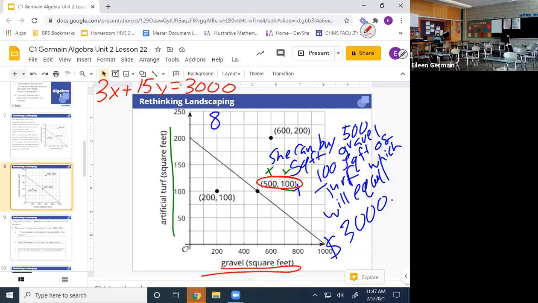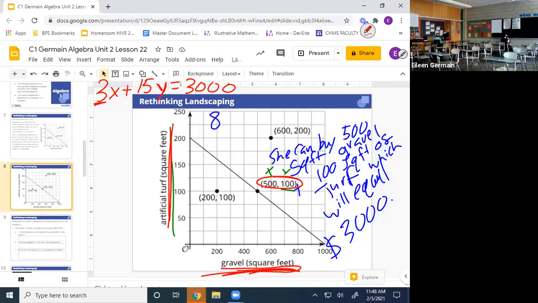So he said the 3x is connected because the gravel costs $3 per square foot, and X is our x-axis where we have our gravel, plus the $15 per square foot of turf, and we use this variable y because we're on the y-axis here, and it's equal to that total budget of $3,000. That was amazing, Ian.